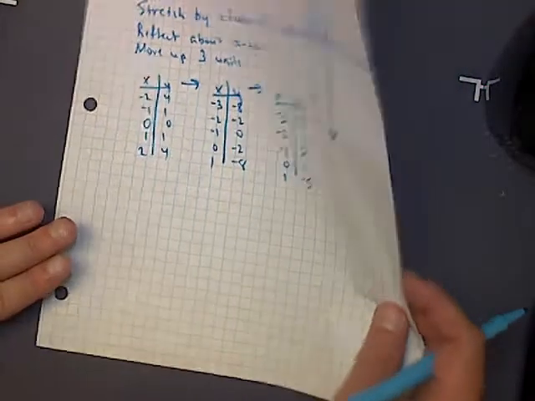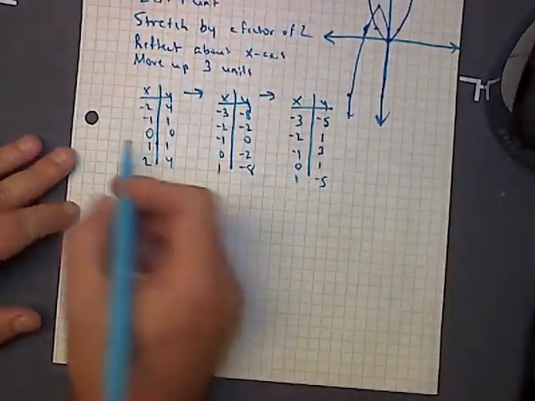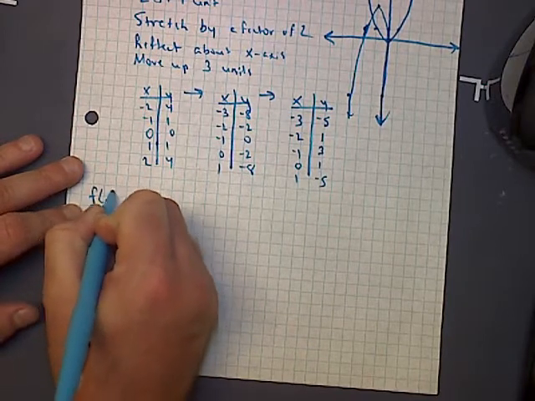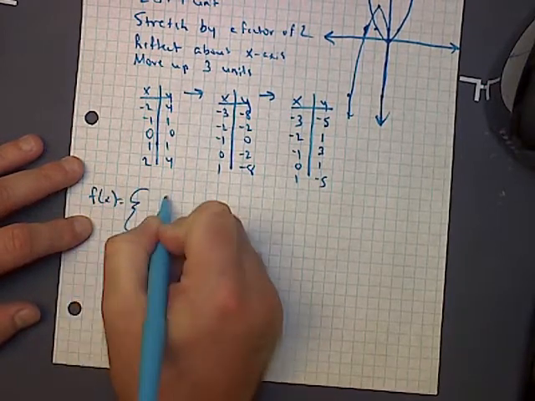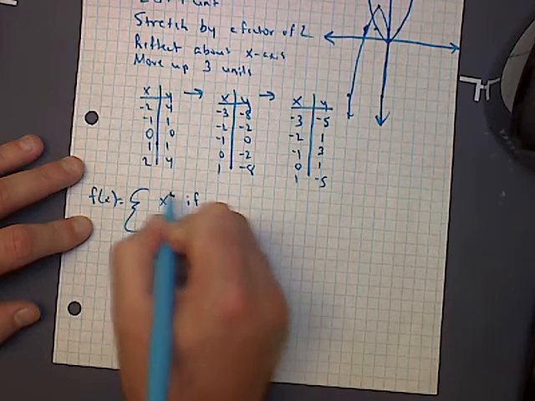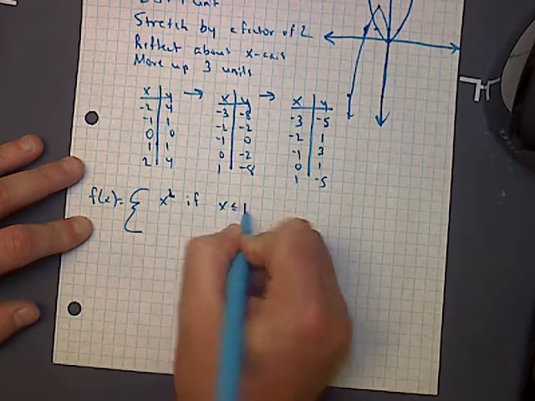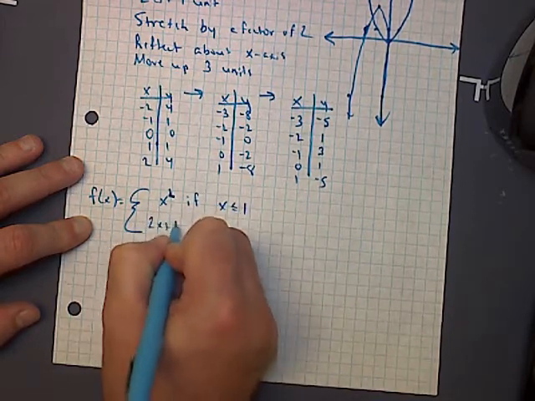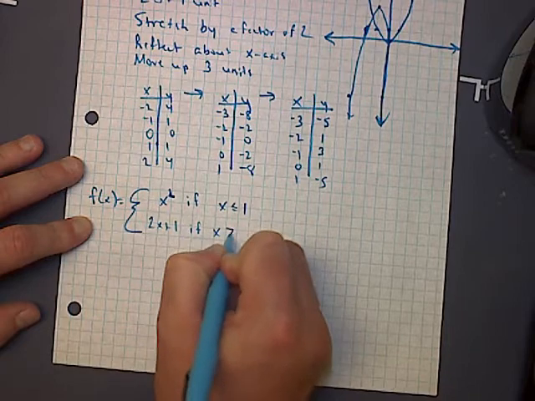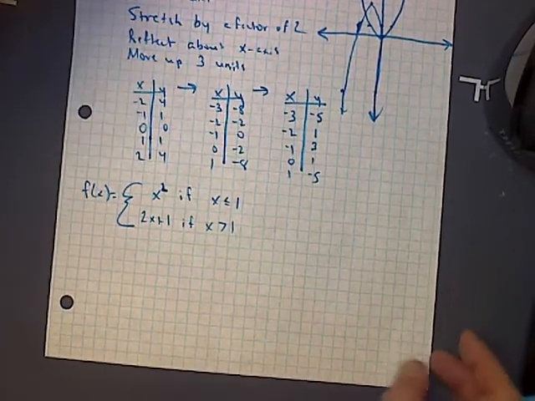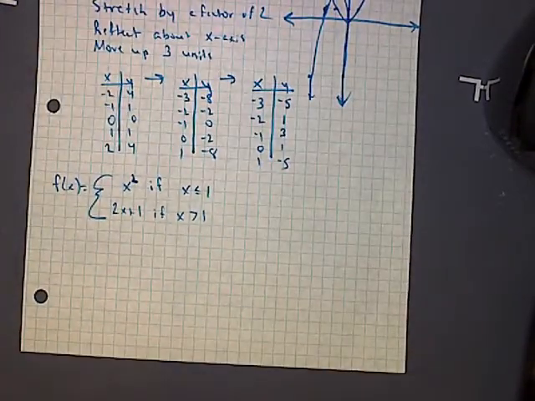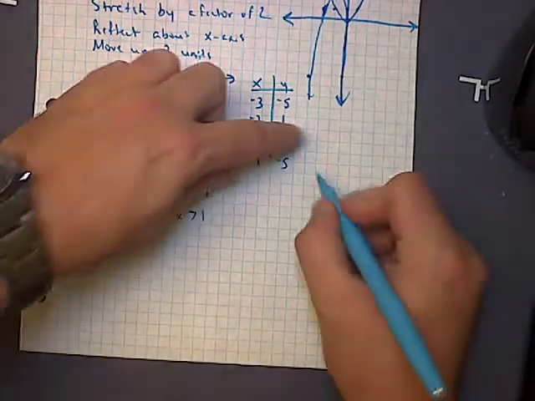Next, I want to review graphing piecewise functions. We did these last week. I'm just going to do a couple of these to refresh your memory. We have one here that involves 2 pieces.